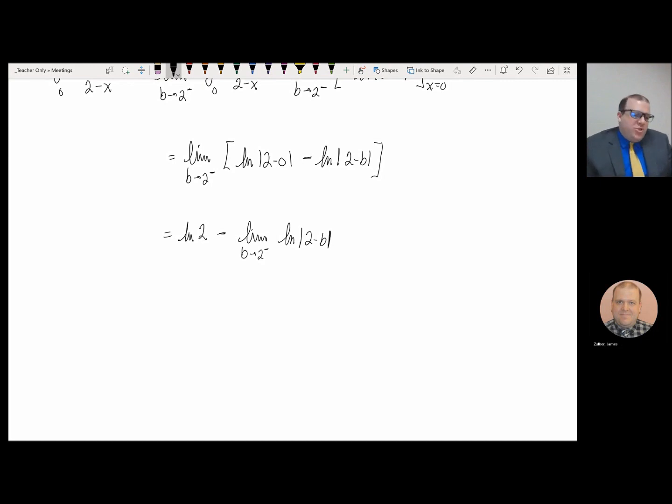Now, as B approaches 2 from the left, how does log of 2 minus B behave? We can actually drop the absolute values, since approaching from the left, 2 minus B is always going to be positive. It approaches negative infinity.